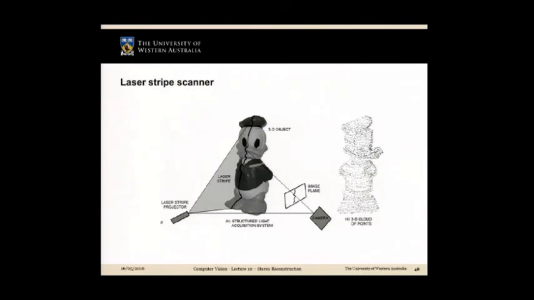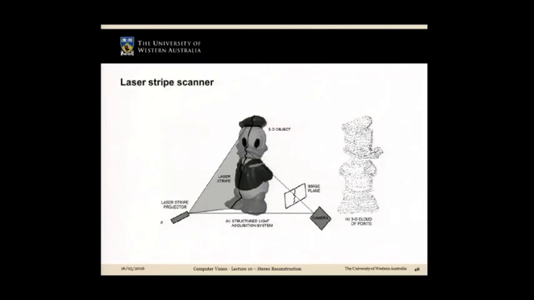A laser stripe scanner scans the object using a projector and a camera. You have a stripe that moves over the object. Let's say you start here and go all the way, projecting that light, and the camera captures that stripe, right? That gives you X, Y, and Z information, a 3D point cloud.